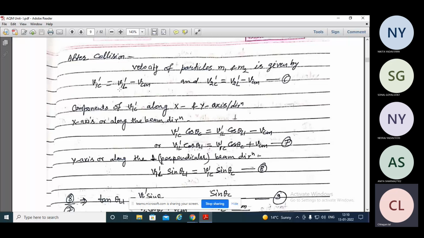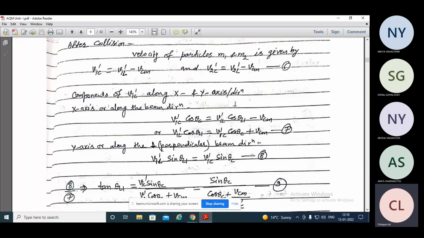If you are looking at the first particle, you have to consider only the scattering angle theta L1. If you are looking at the second particle, you have to consider only the theta L2 scattering angle. This is important, otherwise there is a problem writing the basic equations.